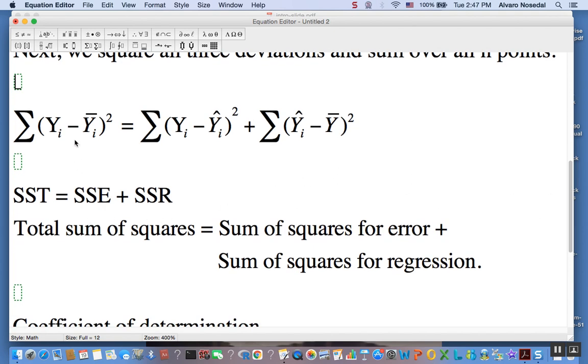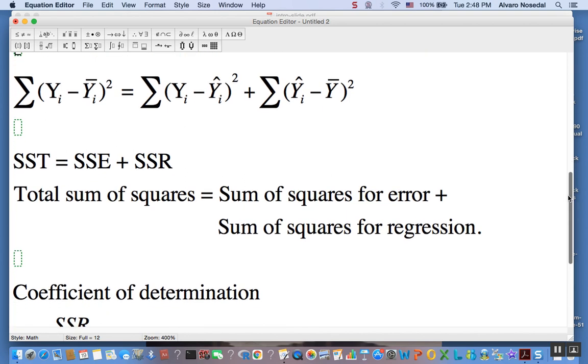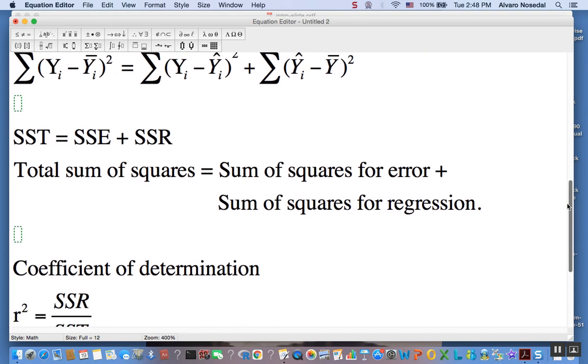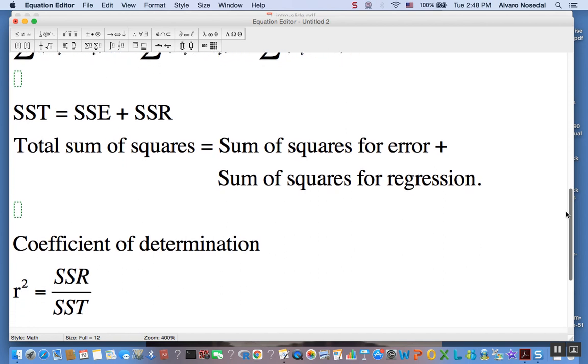Anyway, what we have here is total sum of squares equals SSE plus SSR, where this is the sum of squares for the error, and this is the sum of squares for the regression. By definition, the coefficient of determination will be the ratio between SSR and SST.